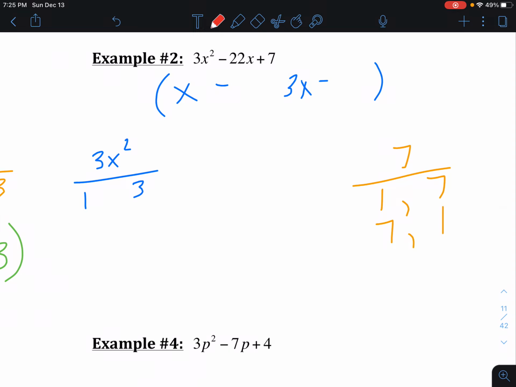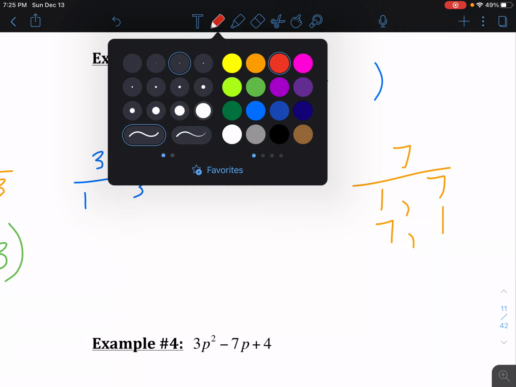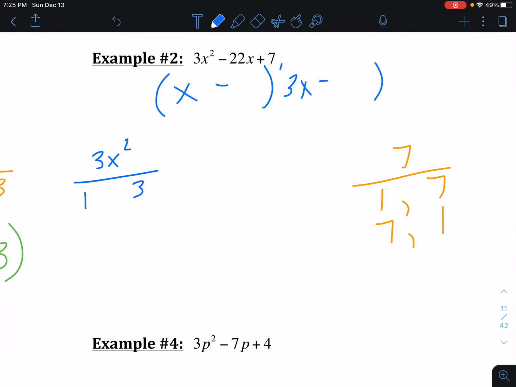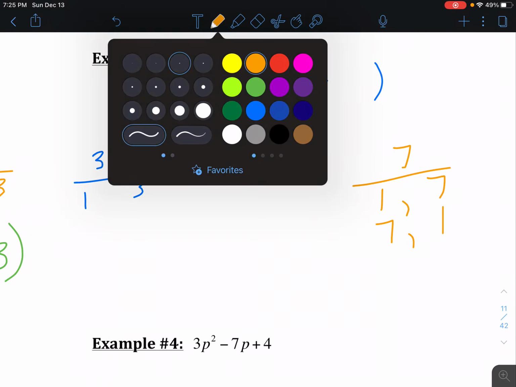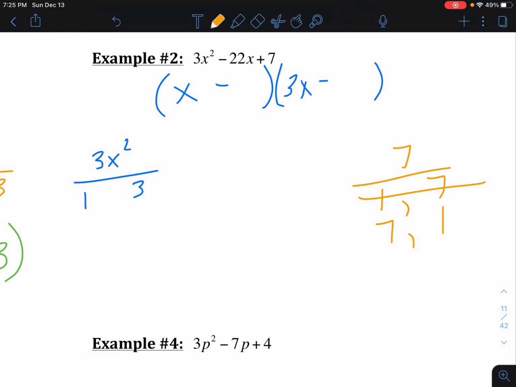And so we now know that this order didn't work, 1 and 7. So let's try the next order. Let's try 7 and then 1. So here's our second guess. Let's multiply these out. O and I of FOIL.